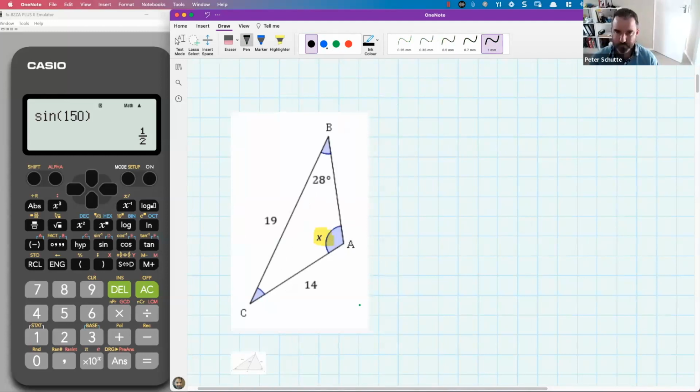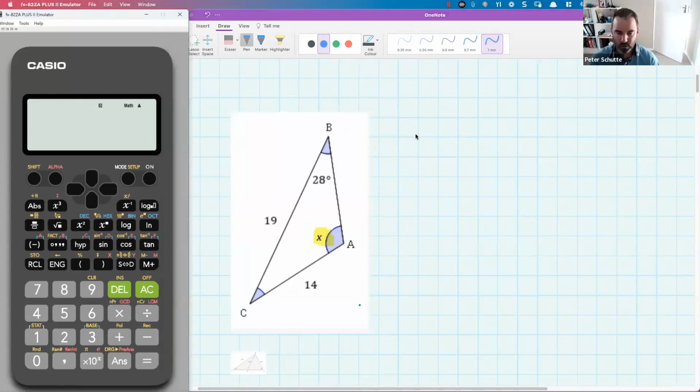What would you start by doing to find the value of x here, the angle x? So for the angle x, let me just get my notes.